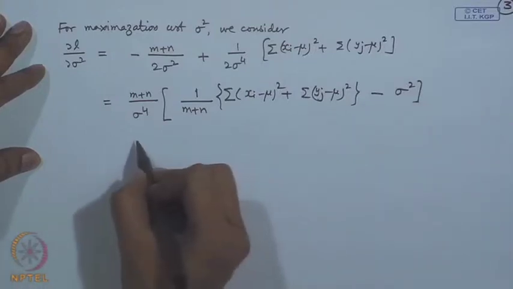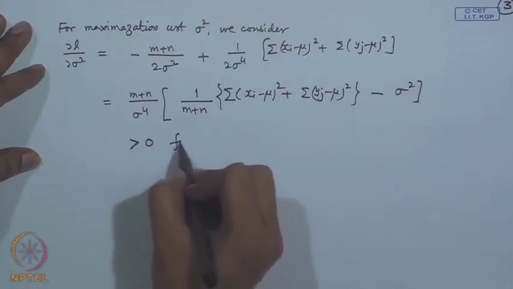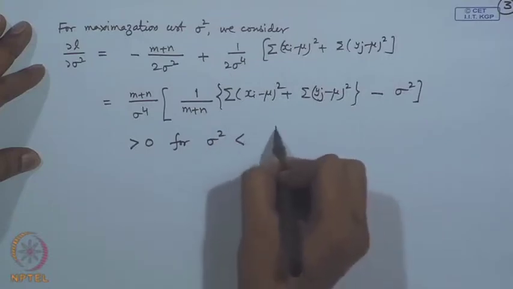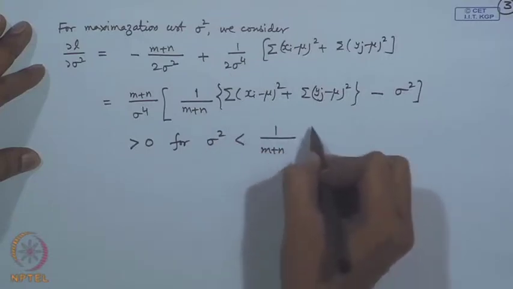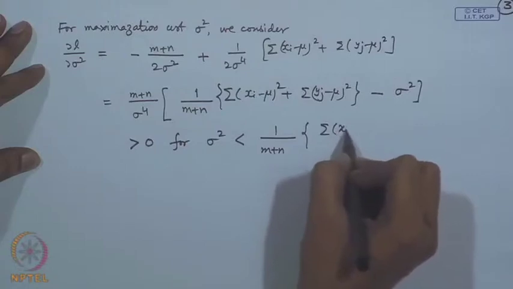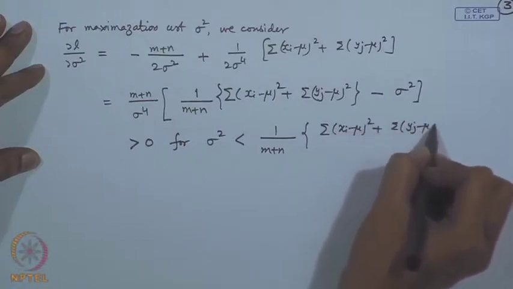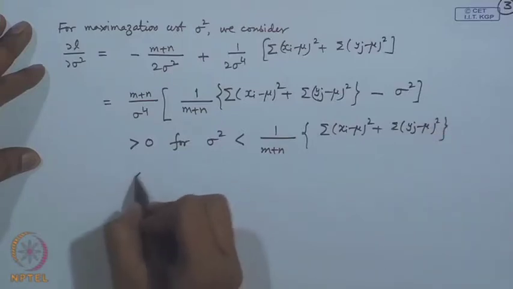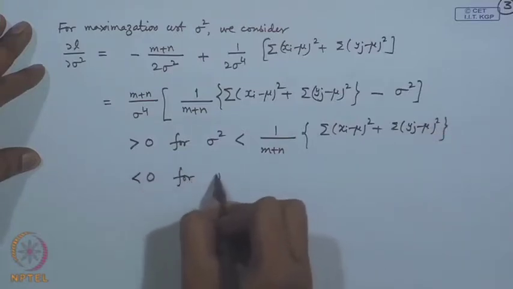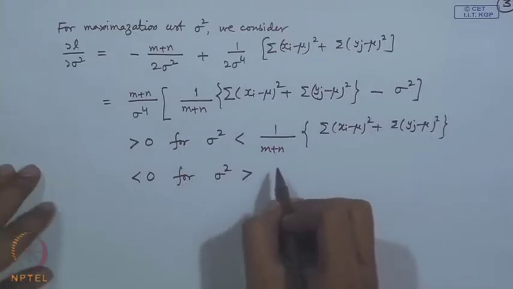So, naturally you can see this is greater than 0 for sigma square less than 1 by (m plus n) (sigma (x_i minus mu) square plus sigma (y_j minus mu) square), and it is less than 0 for sigma square greater than this value.